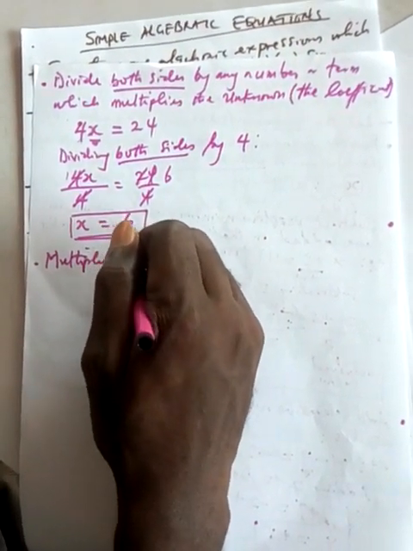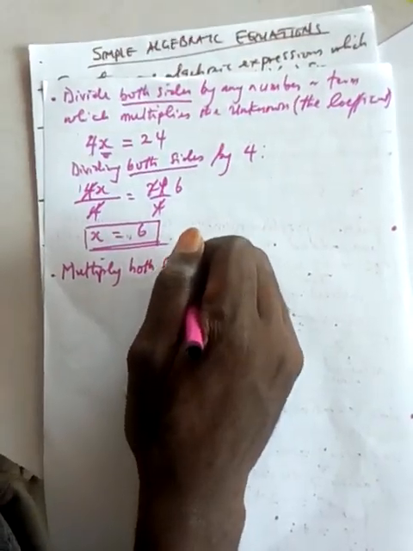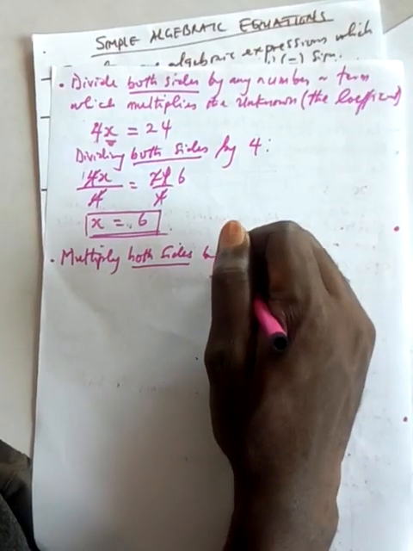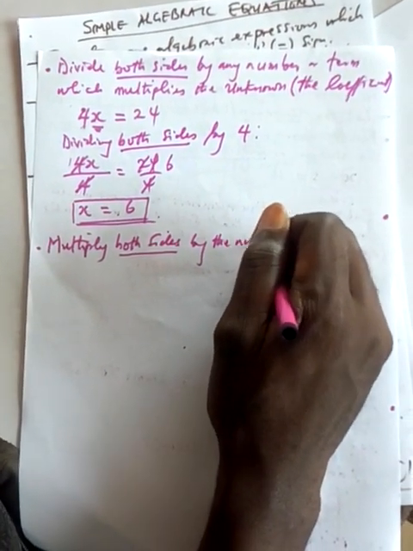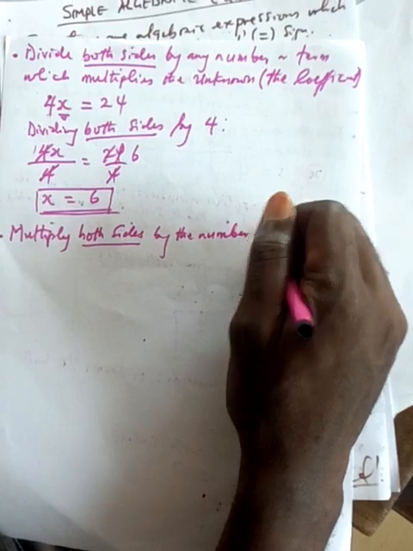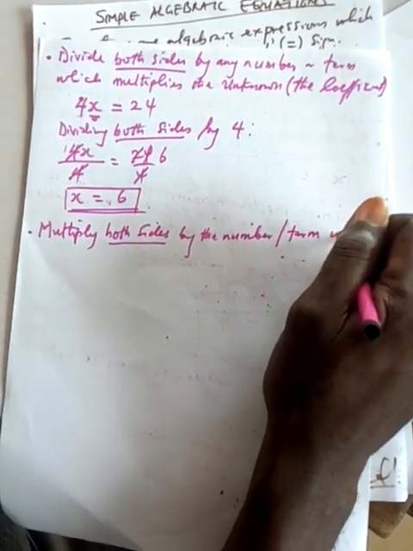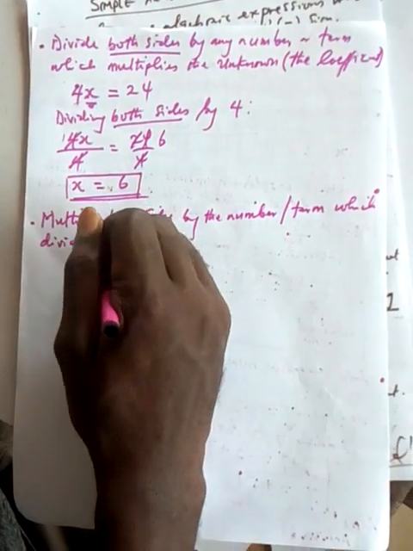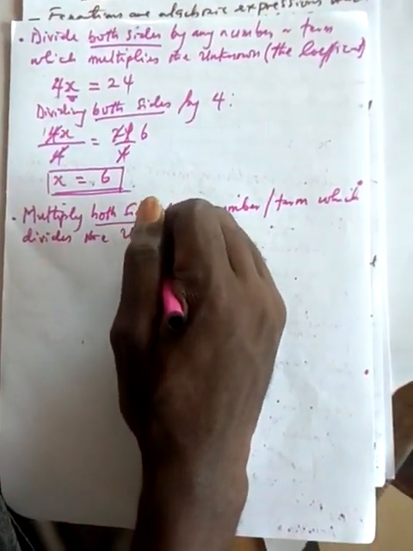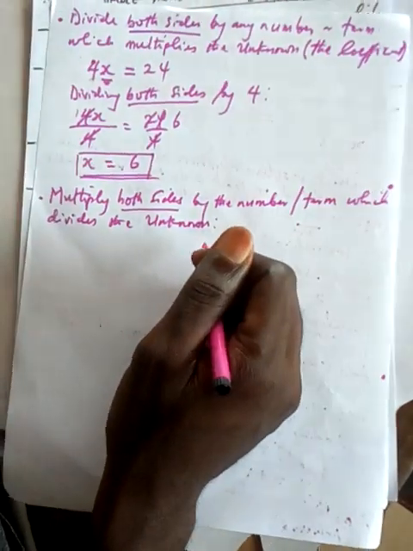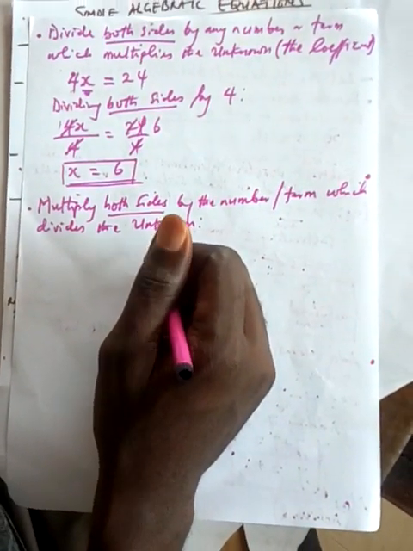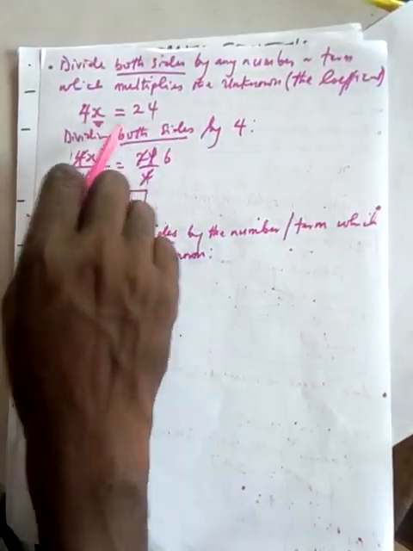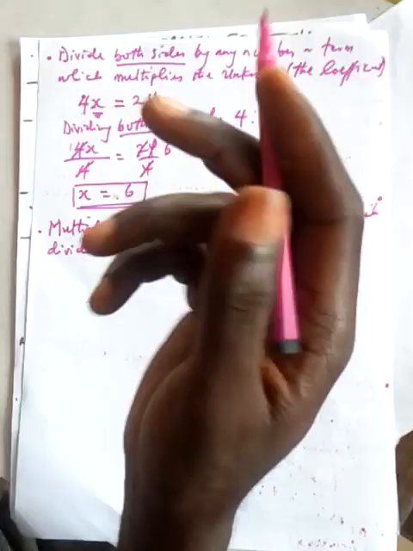Multiply both sides by the number or term which divides the unknown. Sometimes it is easier to say it this way because I will soon do something that will talk about what we have done before.